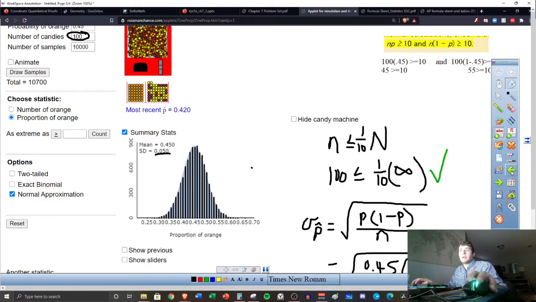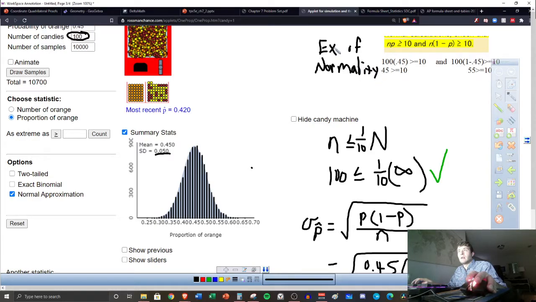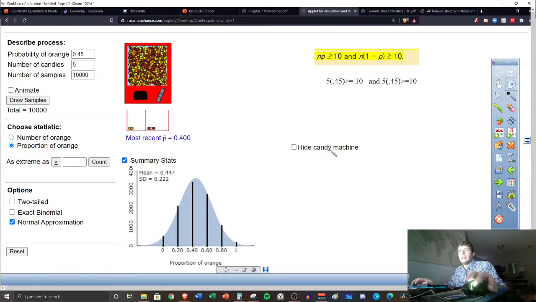Go back a page. Okay, so write this example. This is an example of normality. And then this here is an example of non-normal.